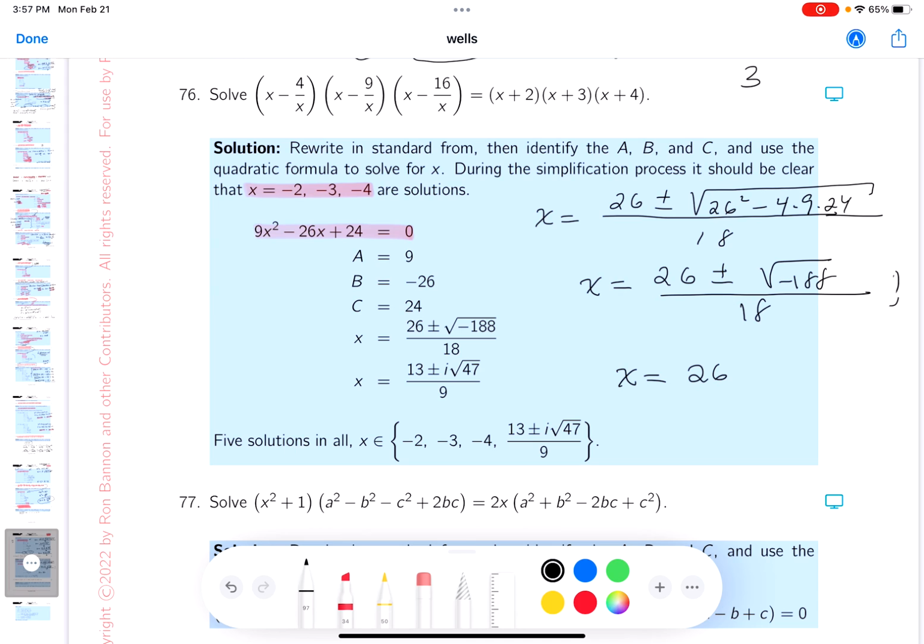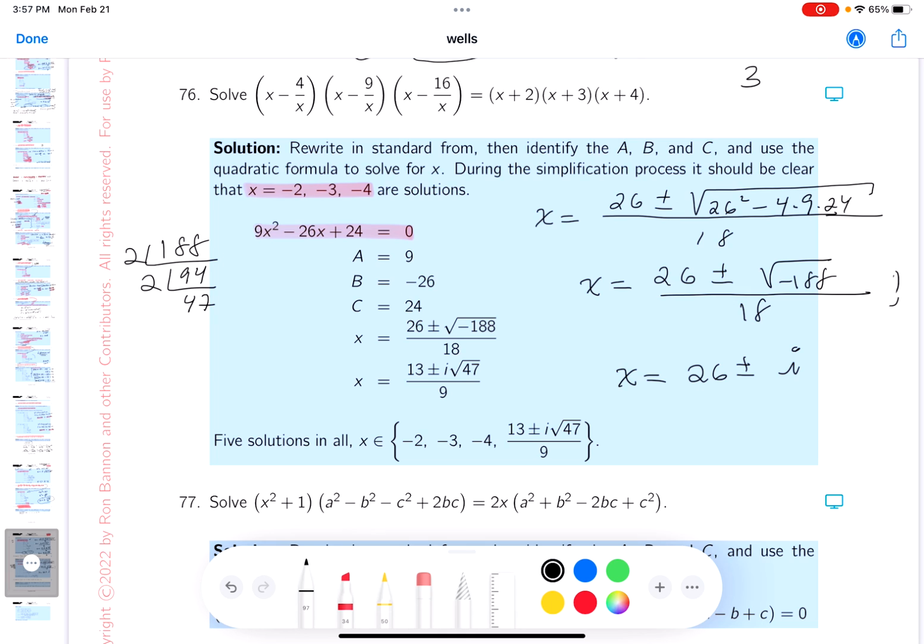This is definitely complex. What do you get over here? 26 plus or minus. Well, I know there's an i there, but now I got to look at the 188. 2 goes into that 94 times, and 2 goes into that 47 times. Well, that's about all I can do.